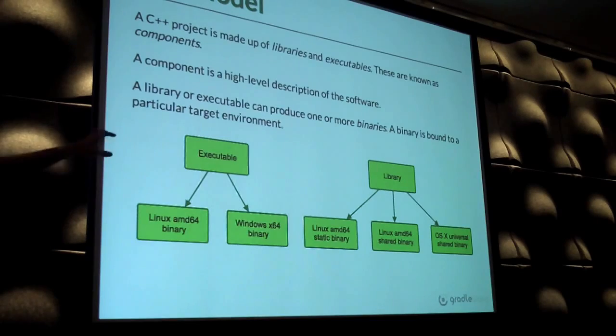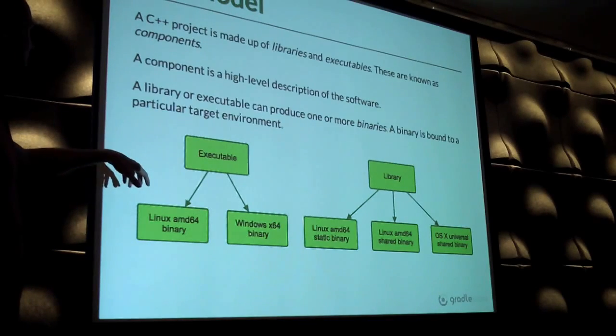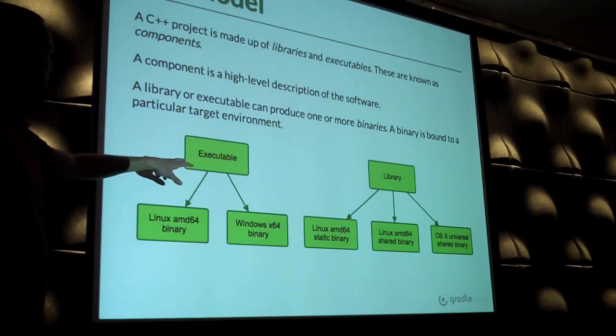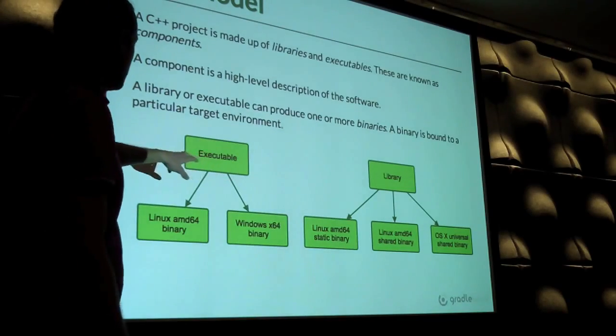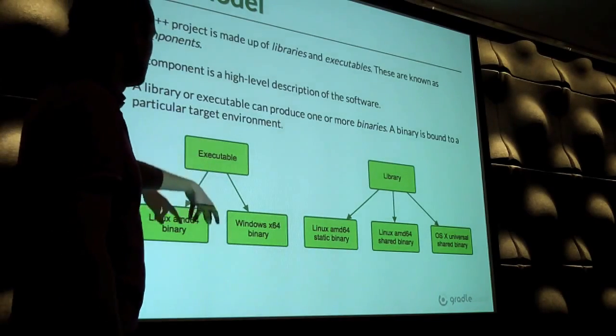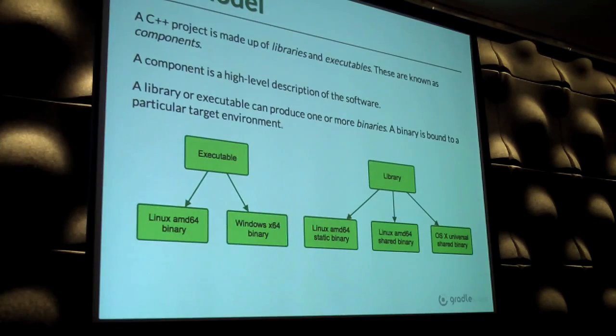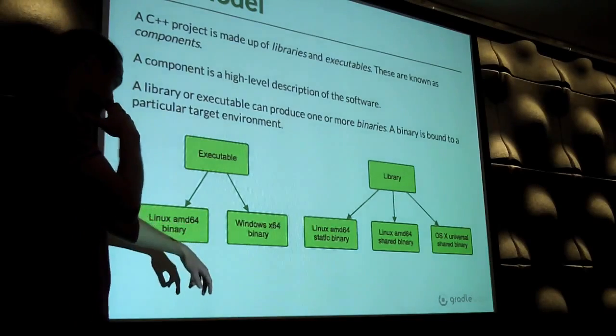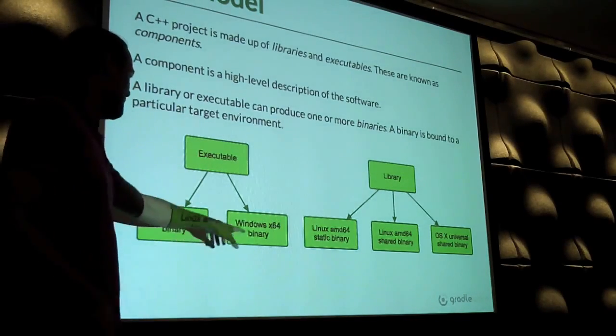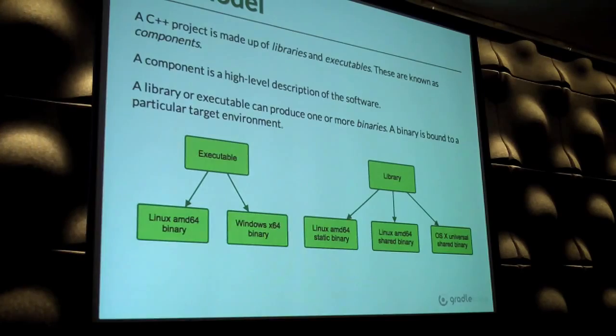And then from an executable or a library, you can produce one or more different binaries. The binary is that component bound to a particular environment. So I might have my Linux 64-bit binary executable and my Windows 64-bit binary.